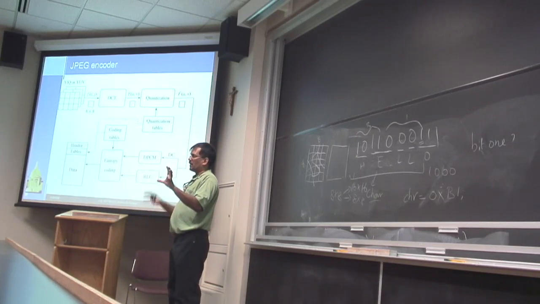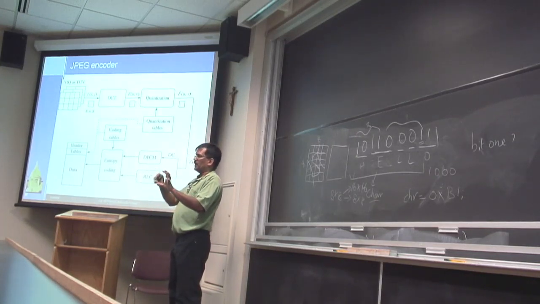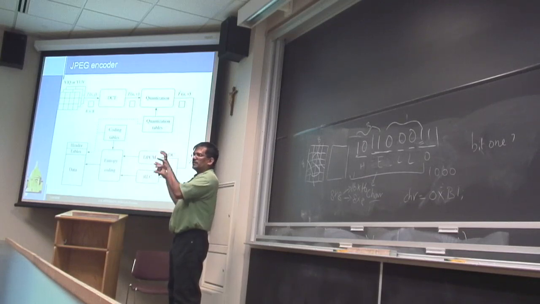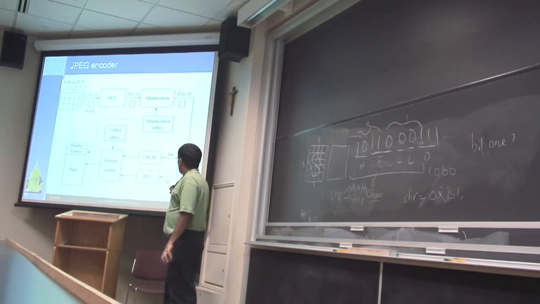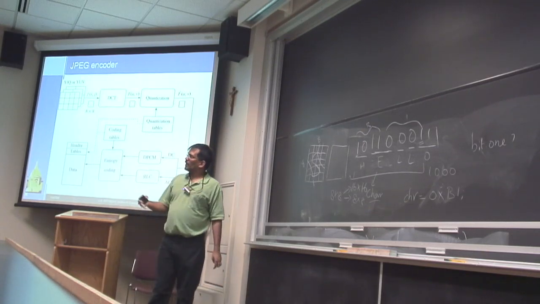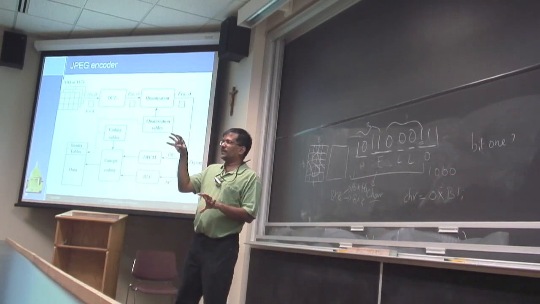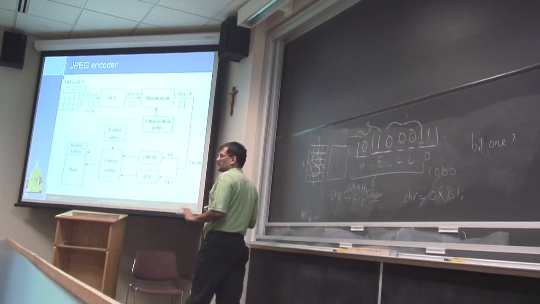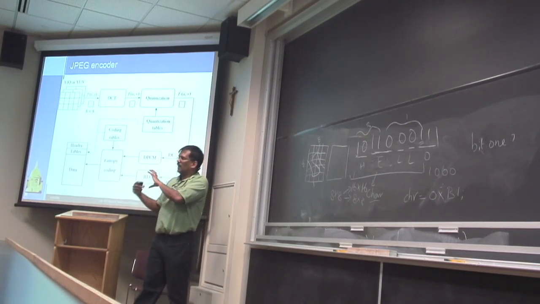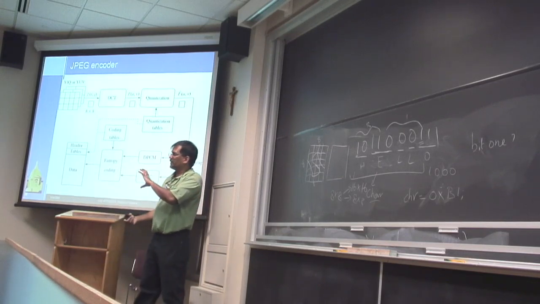Even though an image may be shaded in a smooth fashion, if you look at 8x8 blocks, the color changes would be abrupt, right? So if you use regular run length coding techniques, these abrupt changes wouldn't give you good compression. So you take the DC component and do a differencing on those.